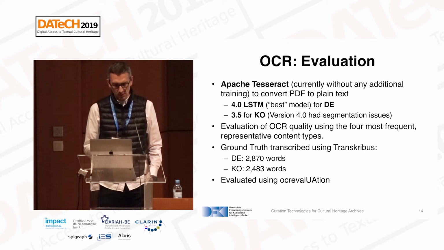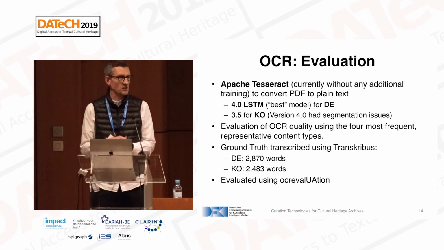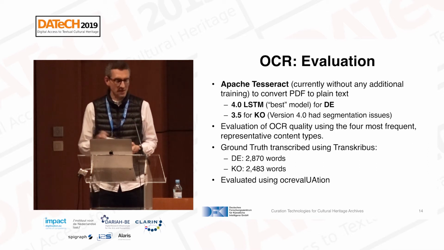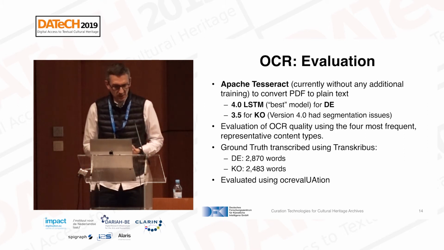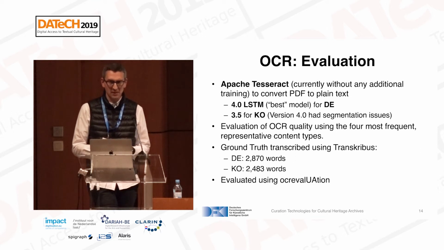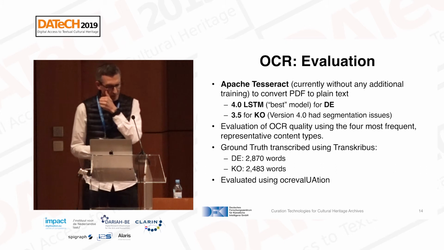We did a small evaluation because it was interesting to the colleagues at the Freie Universität to see how typical off-the-shelf OCR tools like Tesseract do. Turns out not too bad. We used Tesseract 4, the best LSTM model, for German, and 3.5 for Korean, because version 4 of Tesseract had segmentation errors and segmentation issues everywhere.